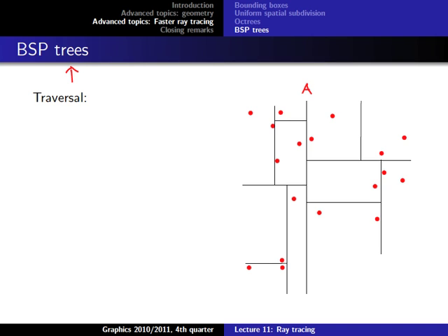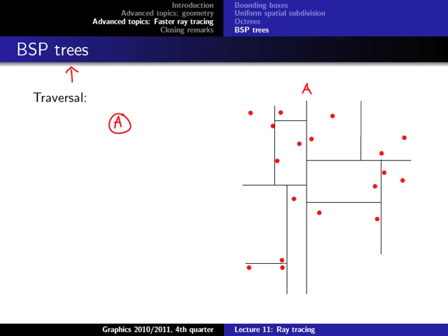Let's call it the split line A, and that becomes the root of our tree. The nodes of our tree always represent the splitting lines, and the leaves of our tree then contain the objects that are to the left or to the right or to the top or to the bottom of the last splitting line. So we start with the root because we split first on this line A.